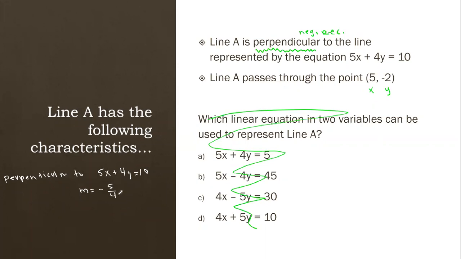So the slope of the line it told me is -5/4. So what is the slope of the line that's perpendicular to this line? 4/5. So I flip the fraction and change the sign. So my new slope is 4/5. That's the new slope of my line.